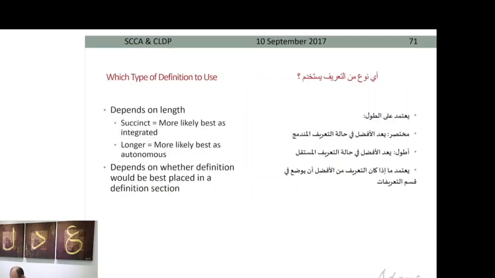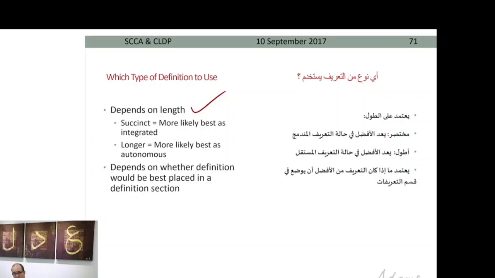We're going to go right to here, which the basic question is, all right, you need to create a defined term. The question you have to ask is, am I going to use an integrated definition or an autonomous definition to create the defined term? One issue is how long is the definition?